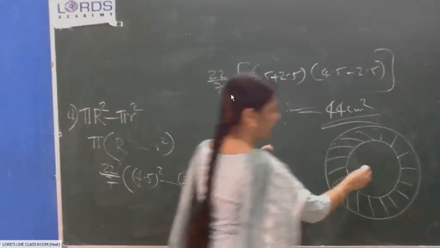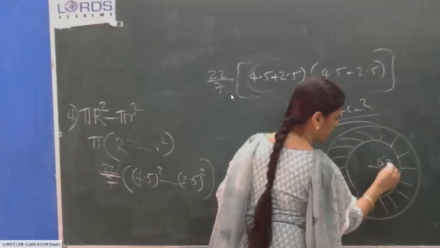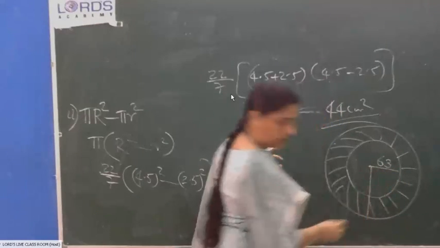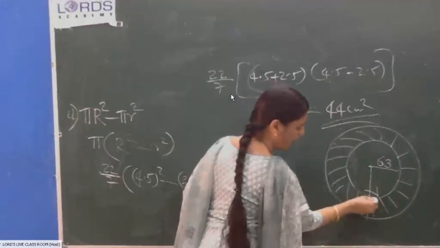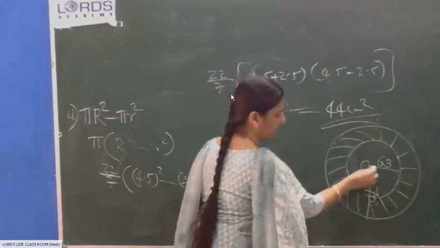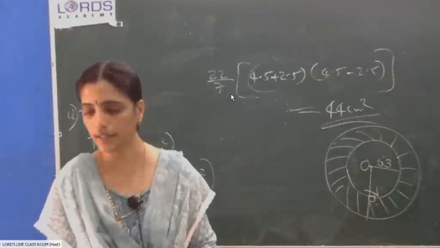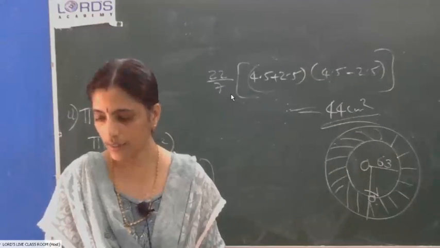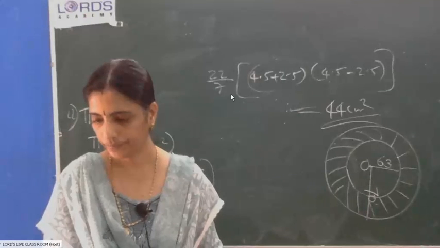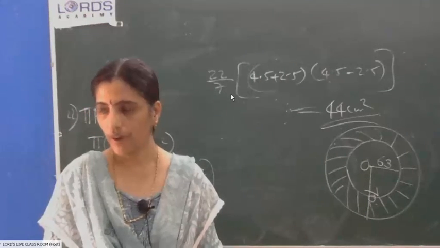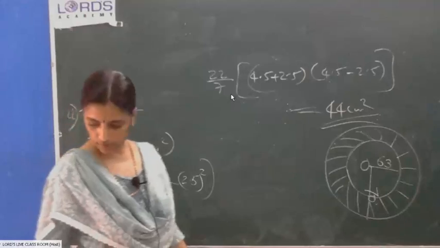Okay, that means from here to here it is 63. From here to here that is 70. That's the meaning. Inner radii means inner circle's radius, that is 63. Outer circle's radius 70. Find the area of the track.